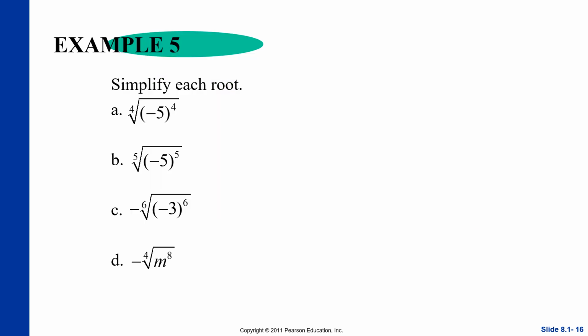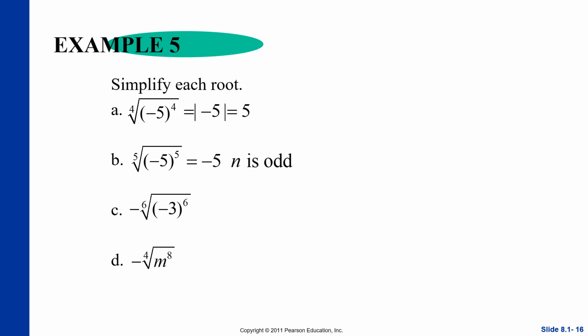So in this case, looking at this first one, 4 is even, so the answer would be the absolute value of -5, which is 5. In this case, it's the fifth root, so it would just be -5 because n is odd. Letter C here, this is an even root, but we have a negative sign in front of the radical sign.